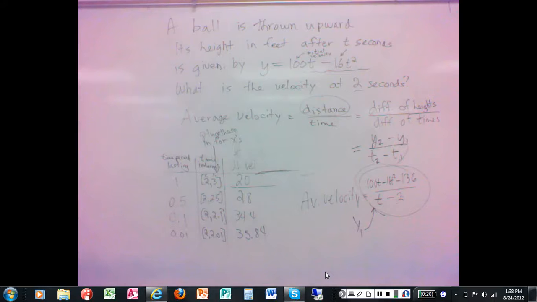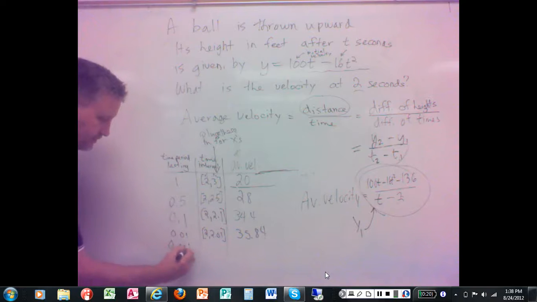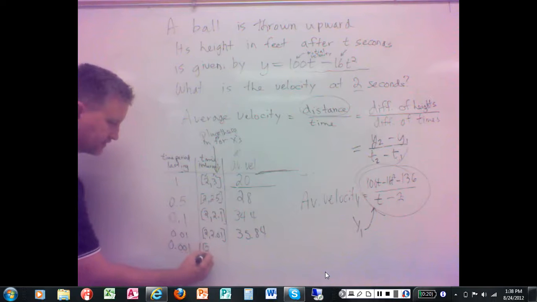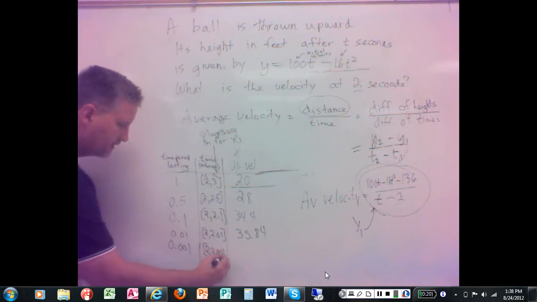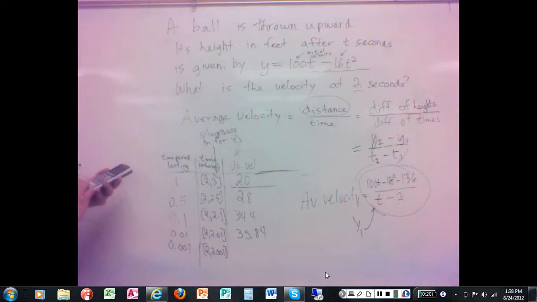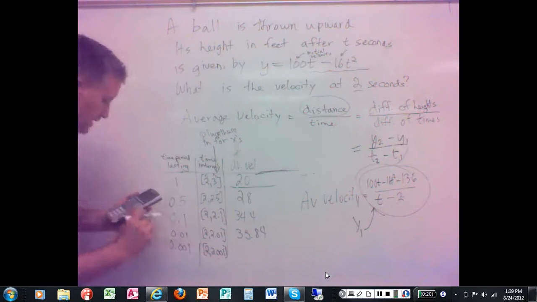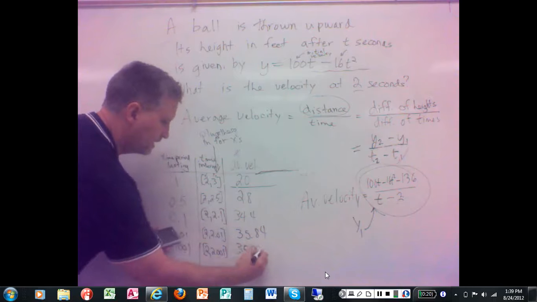All right. Let's go at least one more. Let's go 0.001. That's 2 to 2.001. So let's plug that in for x there. I get 35.998.